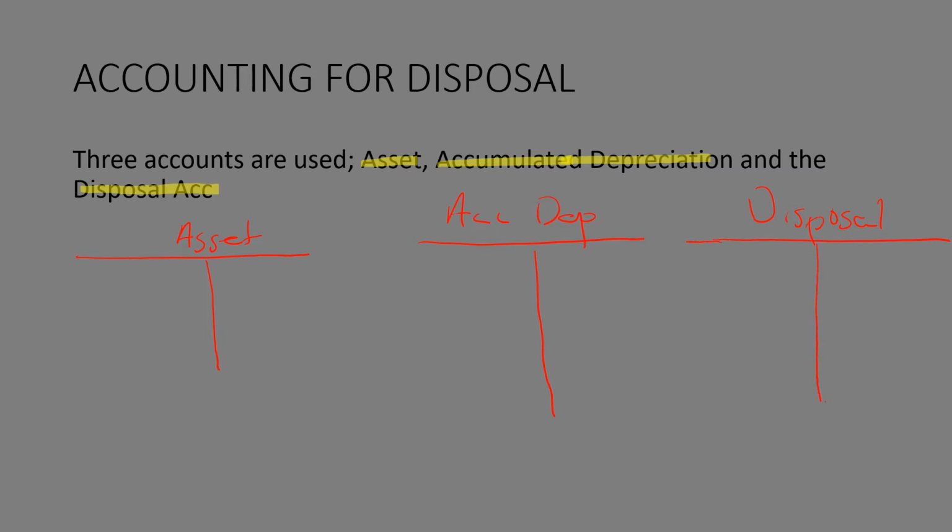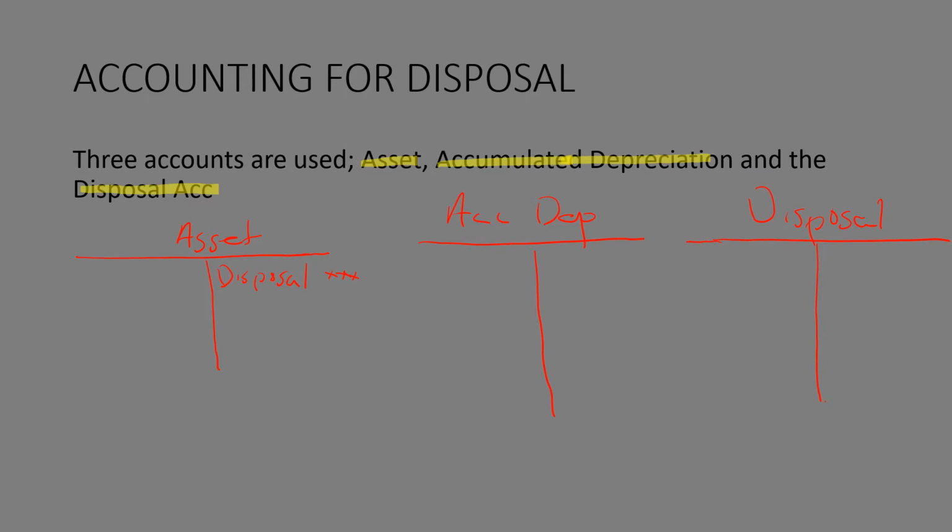So what you do when you're disposing of an asset is you're going to credit your asset account. Let's say it's a vehicle. You credit the asset account with disposal, and the amount goes here. Then you go to your disposal account.